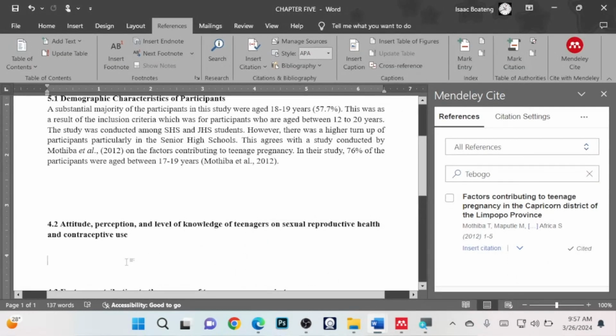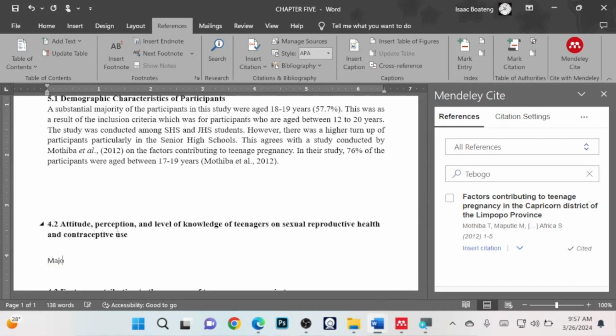So if I come to this section, I could say that the majority of the participants in this present study agreed that the upsurge of teenage pregnancy is as a result of ignorance on the part of teenagers.